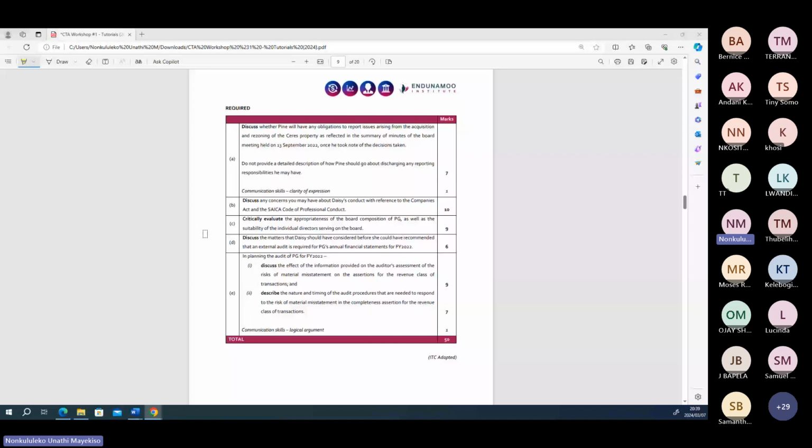We also spoke about the fact that because he's a CA, there's some CPC stuff that he's got to adhere to in terms of being a senior accountant, in terms of considering whether he needs to speak to the auditors about it, in terms of going back to the board of directors. We spoke about Companies Act Section 76. We spoke about him reporting to the police. What else did we speak about? I think we've already come to about nine marks or so there.